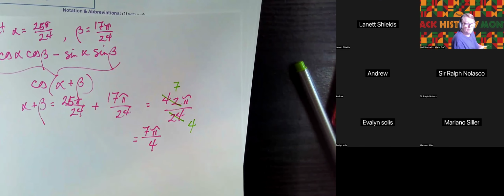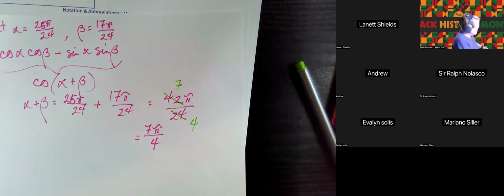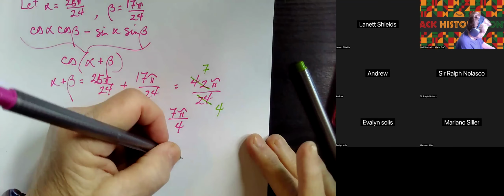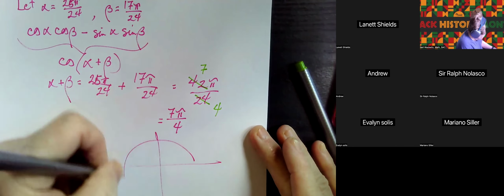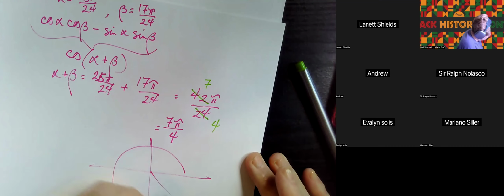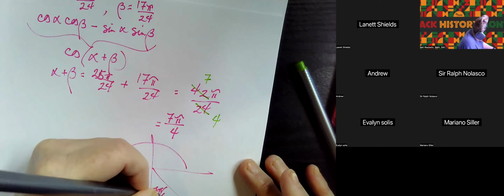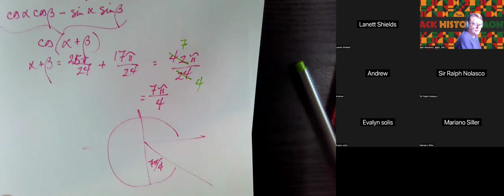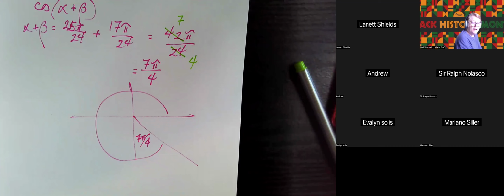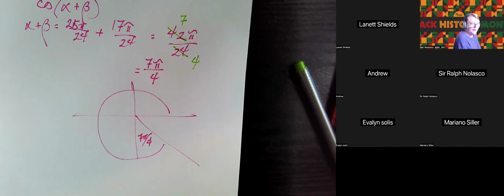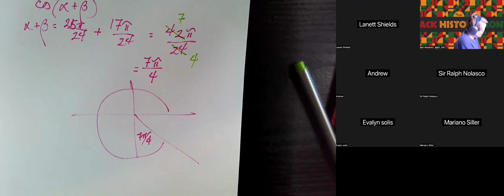Is this angle between 0 and 2 pi? Yes. So it's in the unit circle. It's in our regular unit circle. Does cosine have positive coordinates or negative coordinates in quadrant 4?